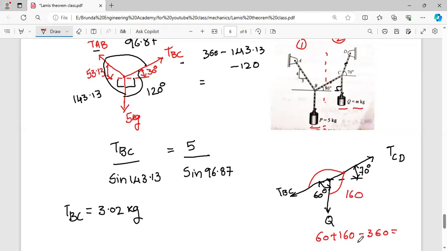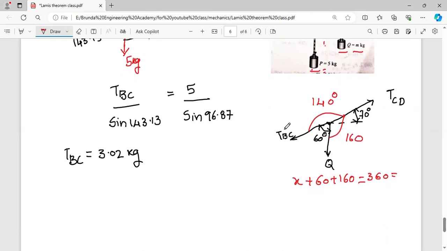We get the value of 140 degrees. Total angle is 360. Suppose that angle is x, plus 60 plus 160 equals 360. Then we can simplify the x value. The x value is 140 degrees. Now we get the values.